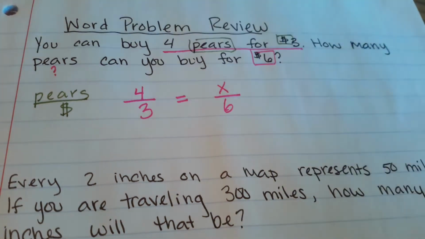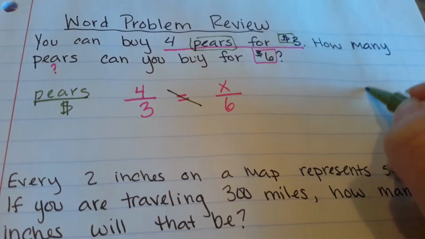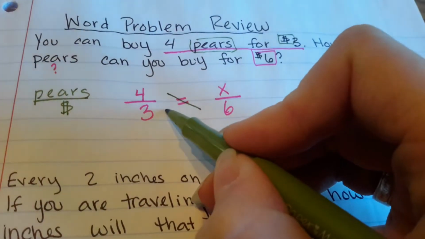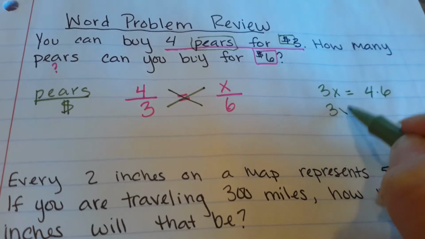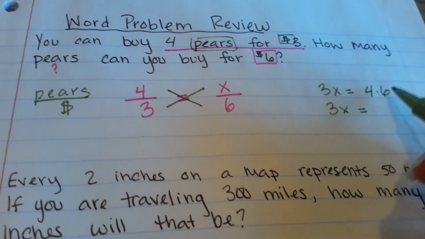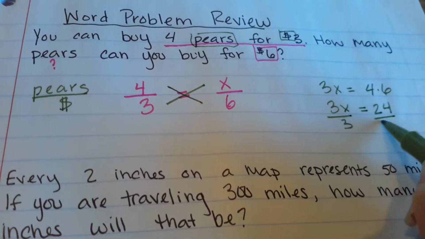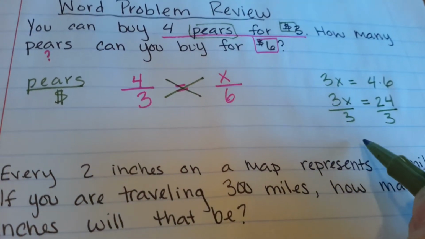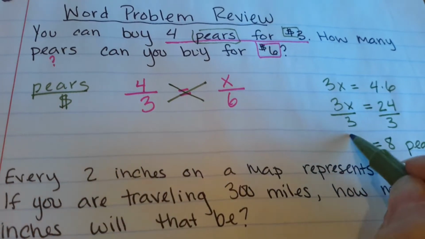And we all did well cross multiplying. So we cross 4 times 6 and 3 times X. And we set those equal. So 3X equals 6, 12, 18, 24. And we divide by 3. So we can buy 8 pears with $6.